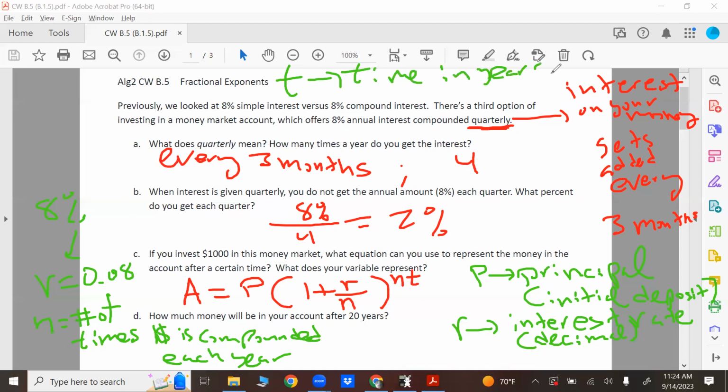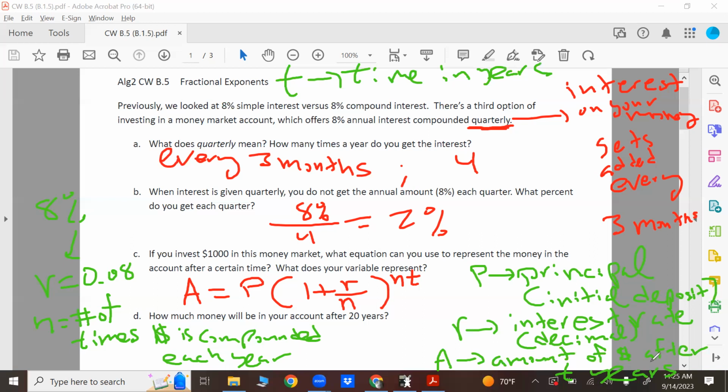One more variable: A. A is going to be the amount of money after T years. So let's recap this.